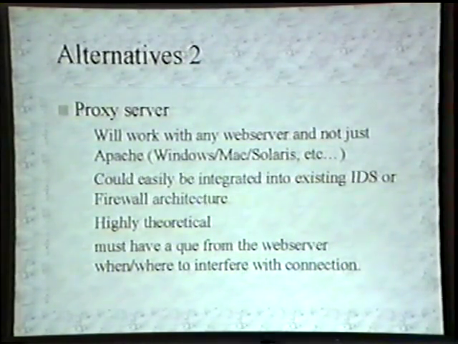The only thing that's kind of scary about this is that you would either have to have no protection on your actual web server, which is kind of iffy, or you'd have to have some sort of trust-based relationship between the proxy server and the actual web server, which is also kind of scary. But this could be used if you were to build it into an IDS or a firewall.